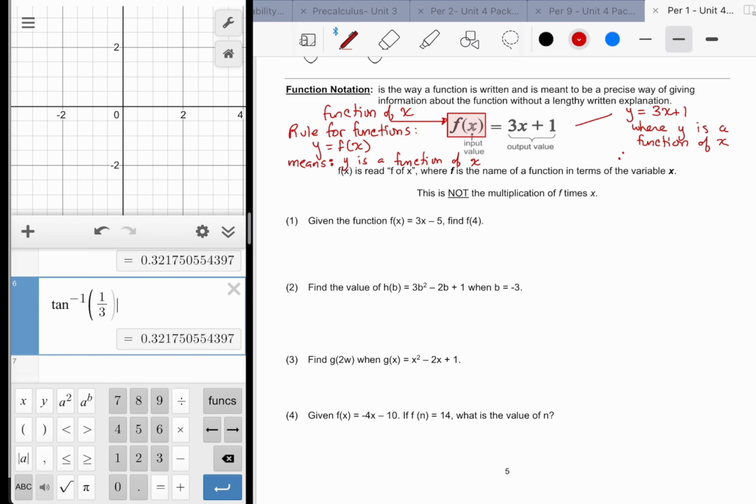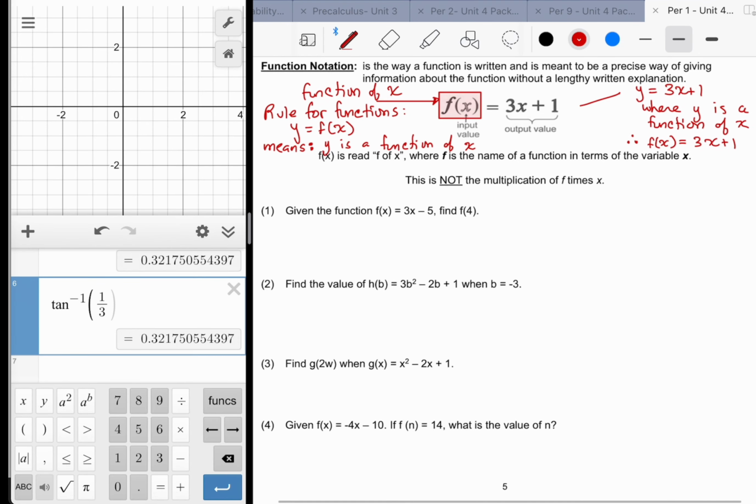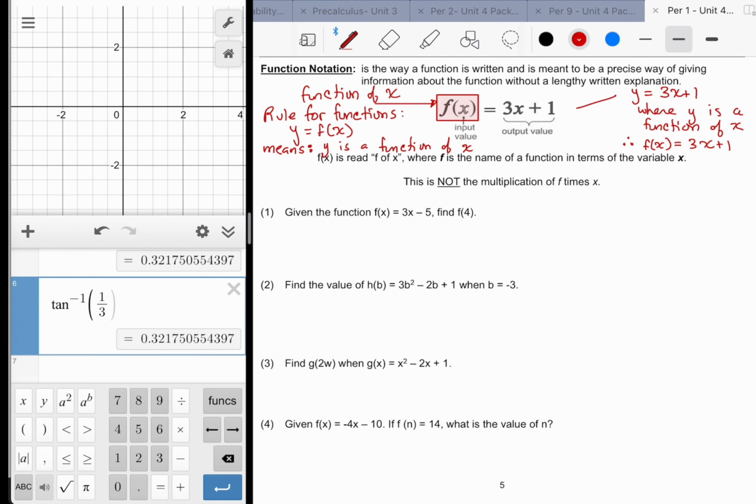Therefore, if y is a function of x, we would say f of x is equal to 3x plus 1. All right, so that whole transition is actually happening here. So instead of them saying all of that stuff, they just say f of x is equal to 3x plus 1, and they hope that you know what they mean.